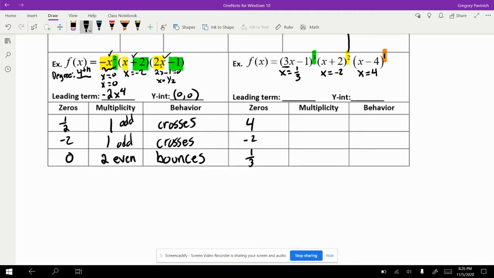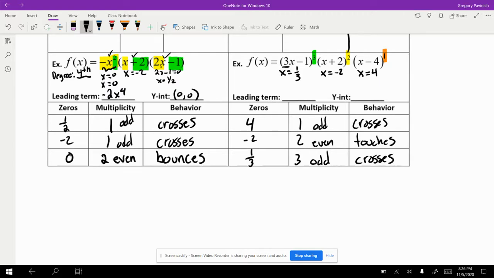Okay, so I know my 4 occurs once, my -2 twice, and my 1/3 3 times. Odd, even, odd. Odd multiplicity crosses, even touches, odd crosses. Those are your two options.